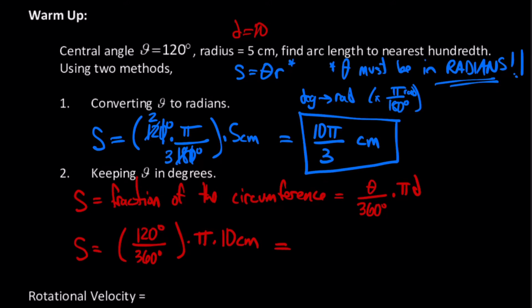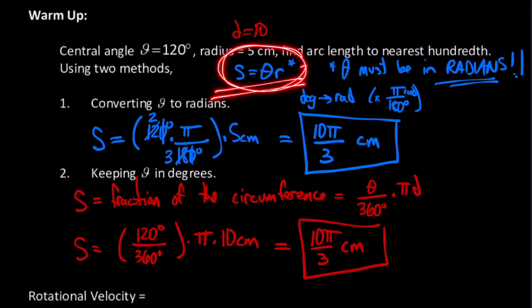Well, 12 over 36 is 1/3. So I've got 1 times pi times 10 on the top, 3 on the bottom, which obviously is 10 pi over 3 centimeters. Same result, different approach. Whatever's easiest for you guys, that's usually the quickest. Just remember it's in radians.